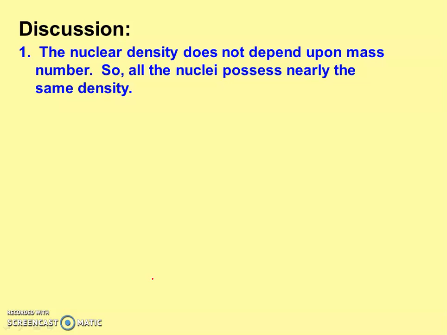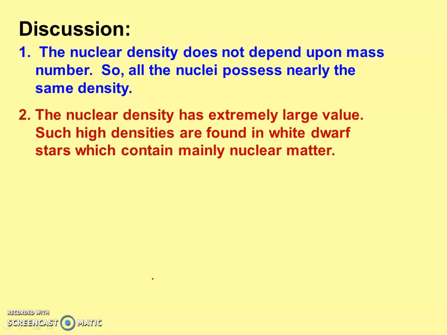The nuclear density does not depend upon mass number, so all the nuclei possess nearly the same density. The nuclear density has an extremely large value. Such high densities are found in white dwarf stars, which contain mainly nuclear matter.